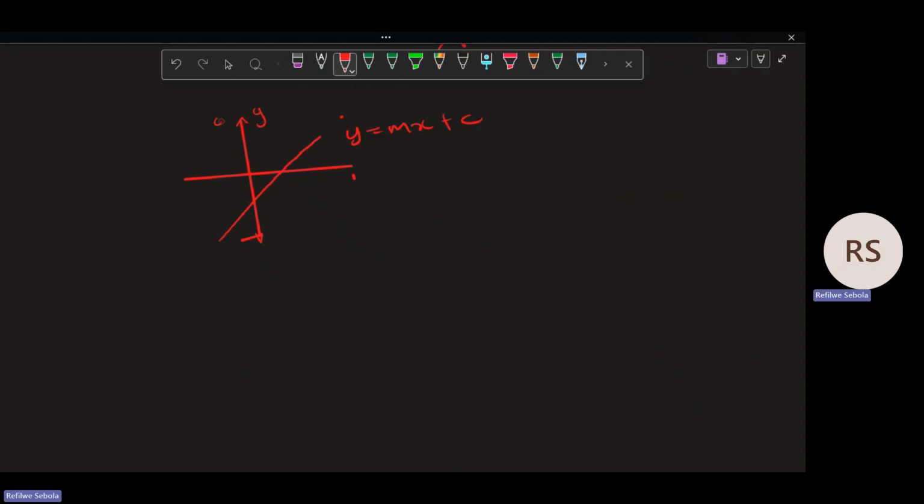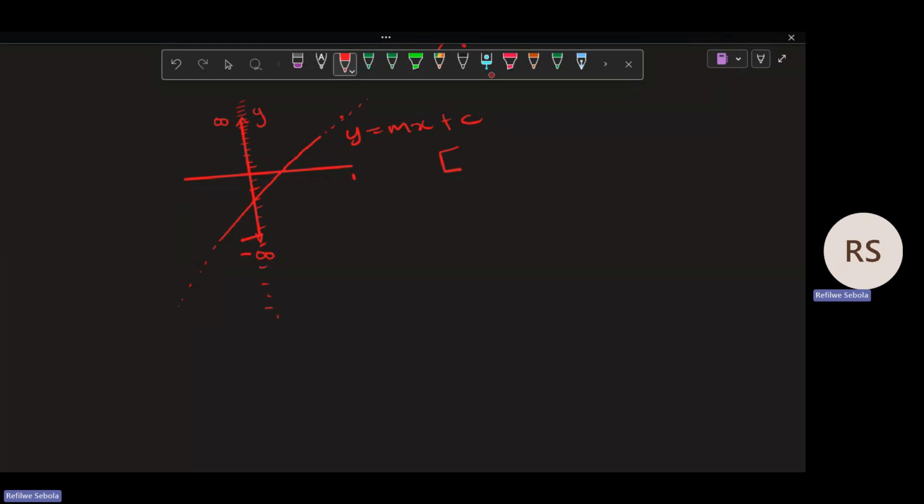real values or positive values will be part of our range. Even if we extend it on our negative side, the negative values will be part of our range. So the range will be negative infinity included to positive infinity included.